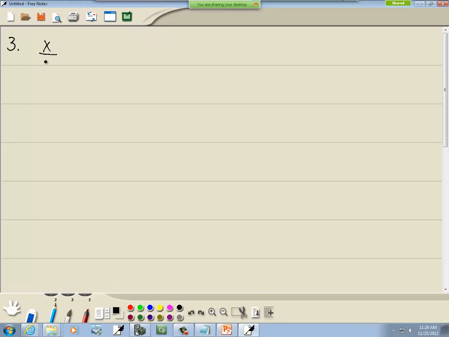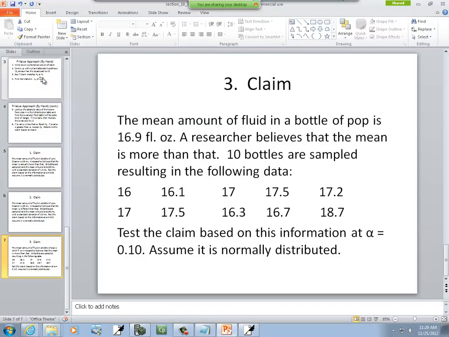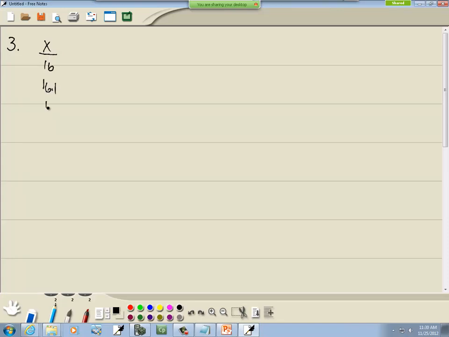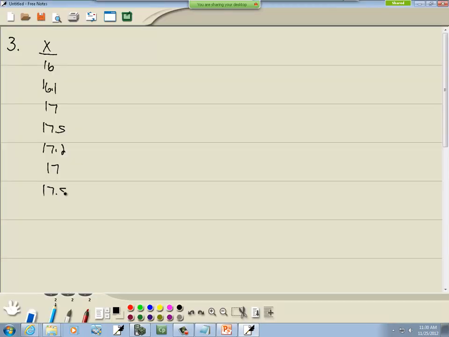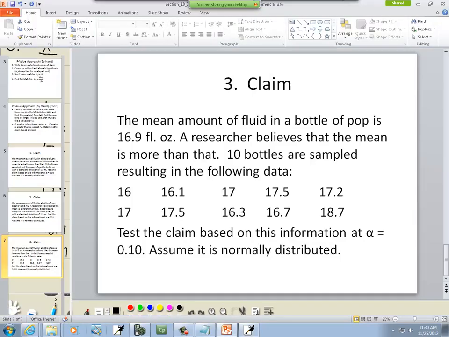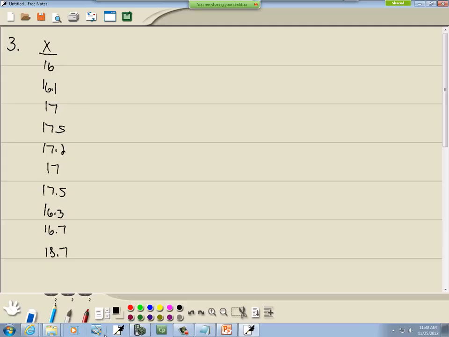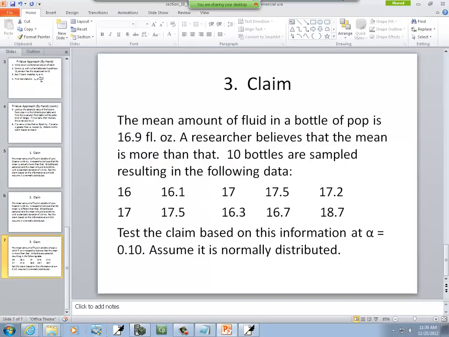So we've got 16, 16.1, 17, 17.5, 17.2, 17, 17.5, 16.3, 16.7, and 18.7. Okay, looks right.